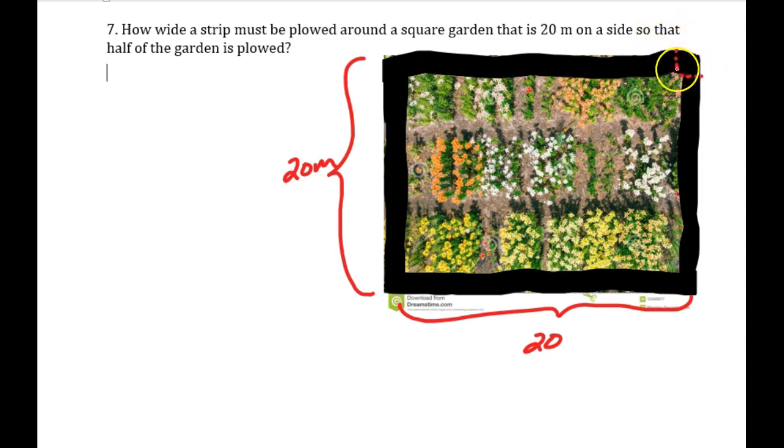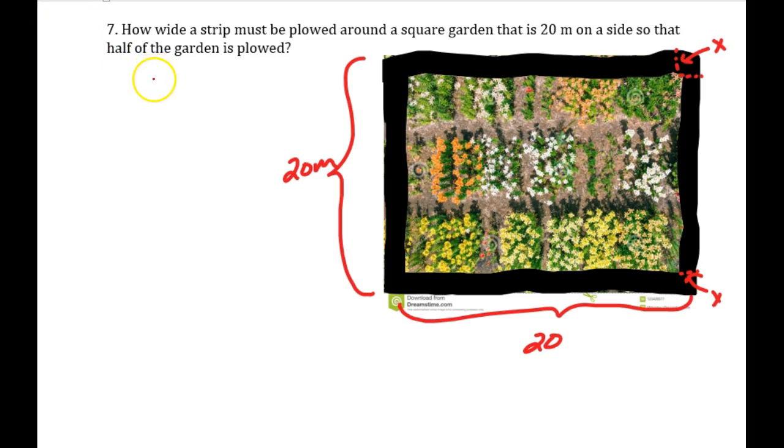Well, we don't know what the width of the strip that you plowed is, but you can pick a letter. I'm going to say x here, just in this case. And it's the same going the whole way around. So you took your lawnmower, plow, whatever, you went around the whole garden. And you're done when you have half the garden left.